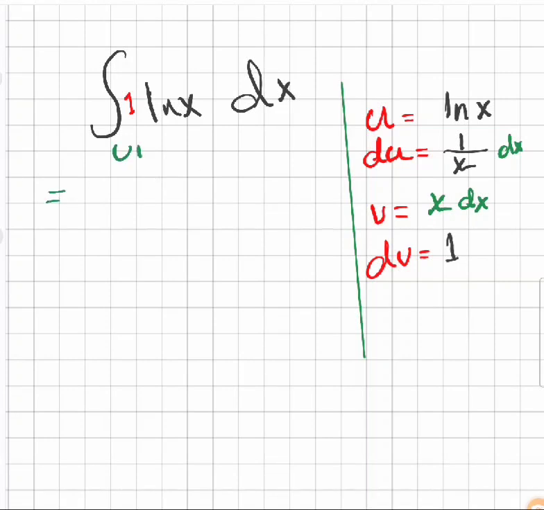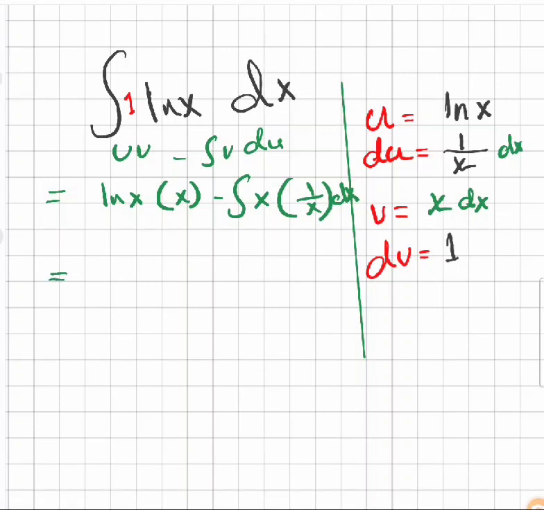It's going to be u times v. u is ln x, and v is x, minus the integral of v, and then du is 1 over x dx.